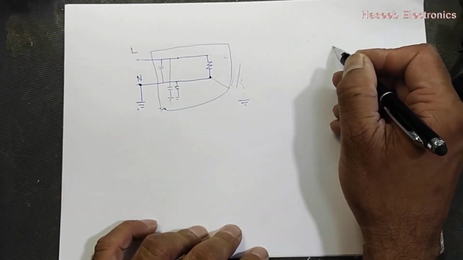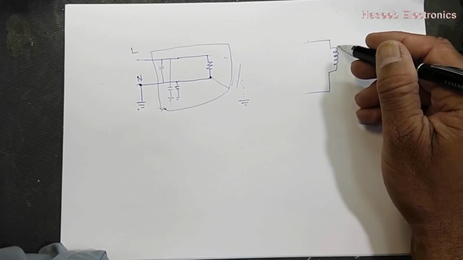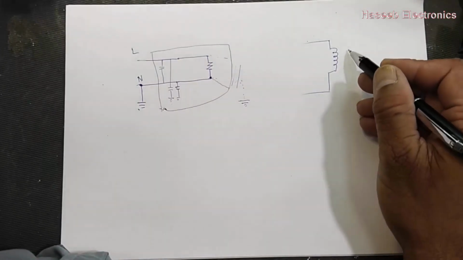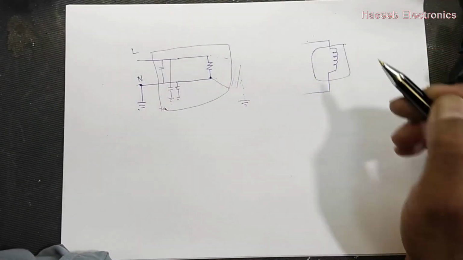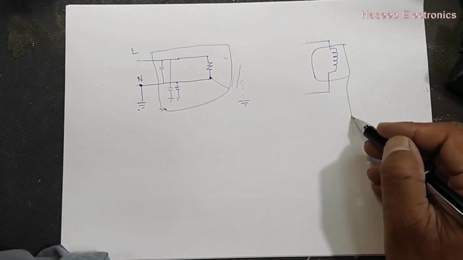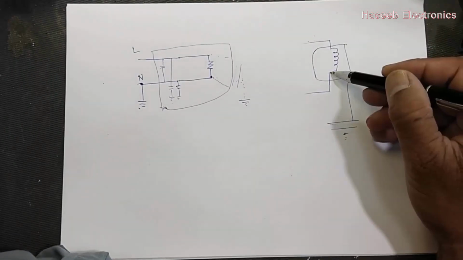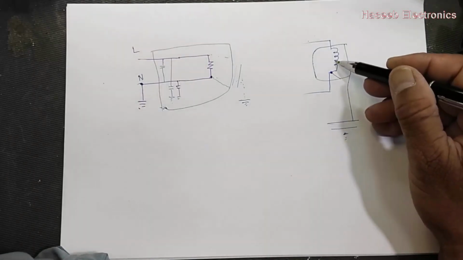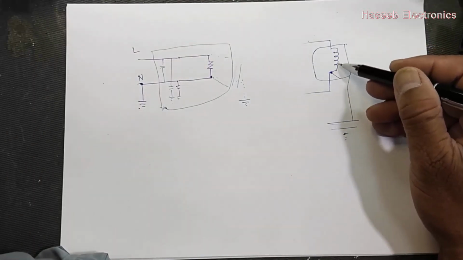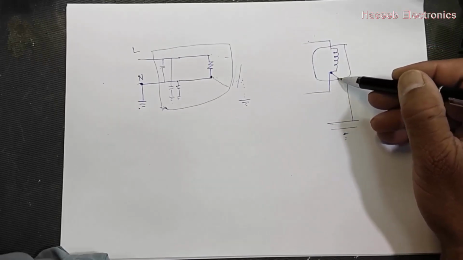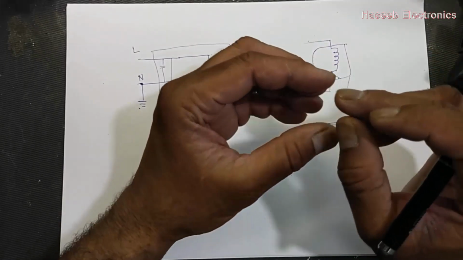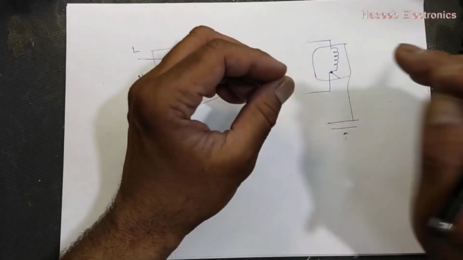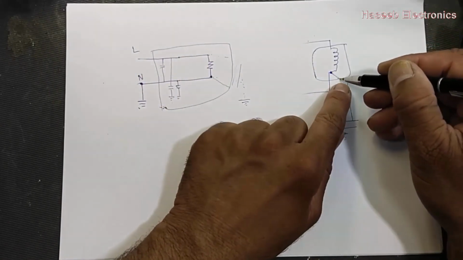Okay, I will take another example. I have a pedestal fan, it has stator winding and its body is a metal body, it is on the ground. If this end of the stator winding leaks and touches the core, its insulation paper gets leaked, so this will touch the body.